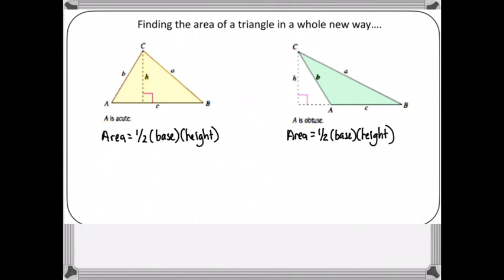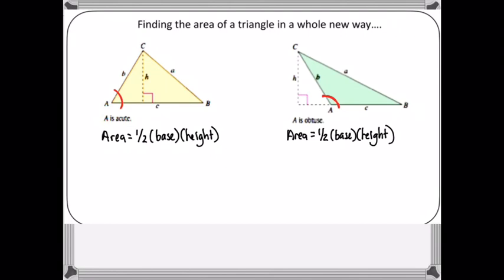What we're trying to do is get rid of that height, because we saw in the prerequisite skills that we had to solve for the height, and that can be kind of an ordeal. So let's do this. We're going to start in this position in each one here with this angle A, and I'm going to build both of the formulas in regards to that.